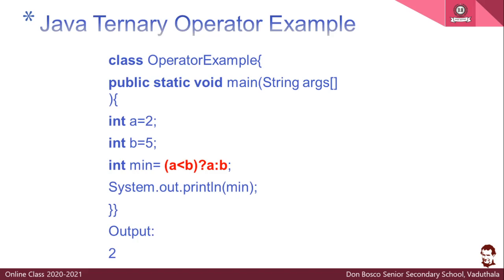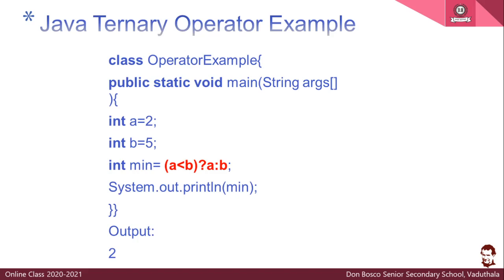If it is true, a will be smaller. So 2 less than 5, the condition is true. So which variable will be assigned to variable min? a will be assigned to the min variable in this example. So what will be the value of min now? It will be 2.